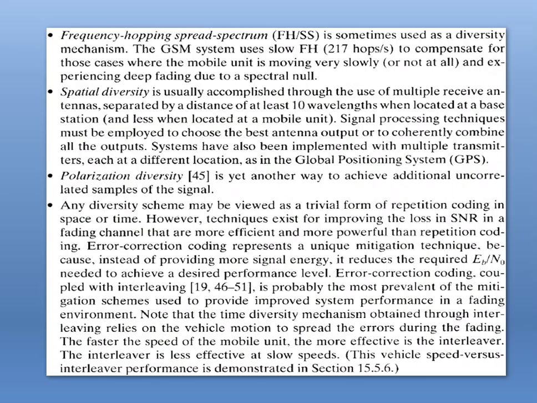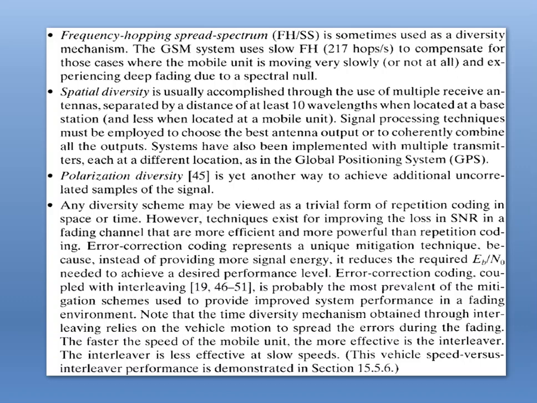And next we move to frequency hopping spread spectrum. Sometimes used as a diversity mechanism, the GSM systems use slow FH, nearly 217 hops per second, to compensate for those cases where the mobile unit is moving very slowly and experiencing deep fading due to a spectral null.